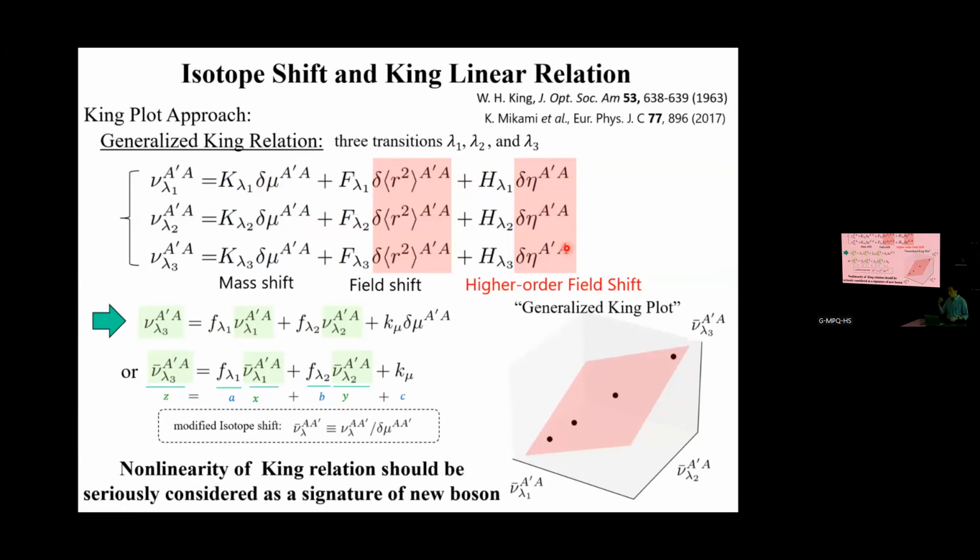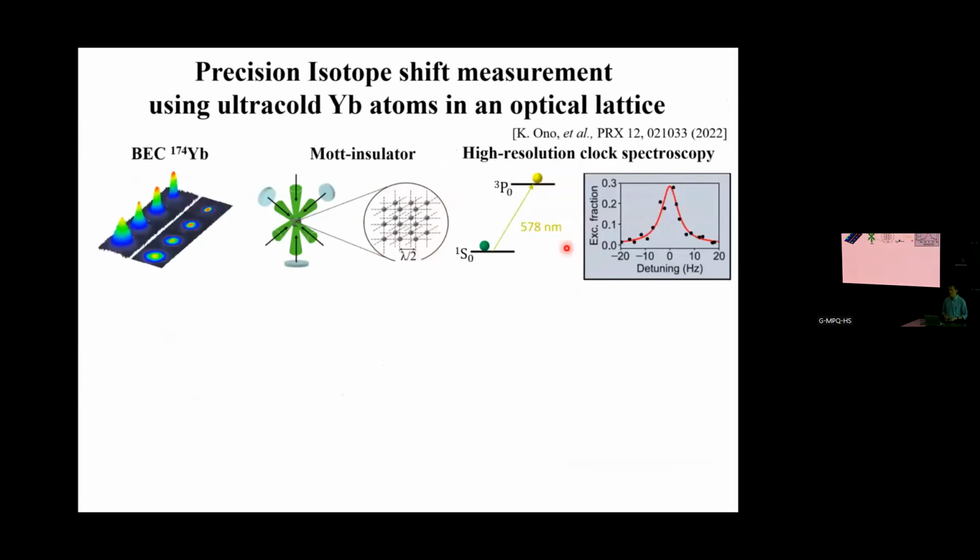For this experiment, a large number of isotopes is advantageous in this approach. So we perform precise isotope shift measurement using ultracold ytterbium atoms in an optical lattice, because there are many isotopes for ytterbium atoms.